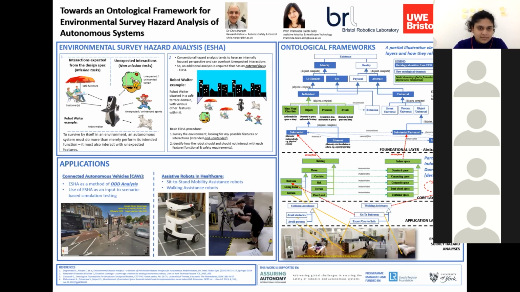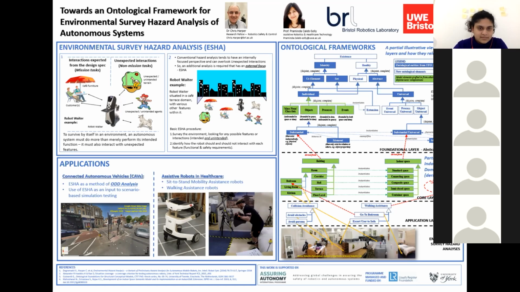It's going to be difficult to do that completely, but at the very least we can identify any areas of incompleteness so that we have an understanding of where safety requirements and hazards may have been overlooked. And at least then we've got some idea about the limitations of the safety analysis of the system.